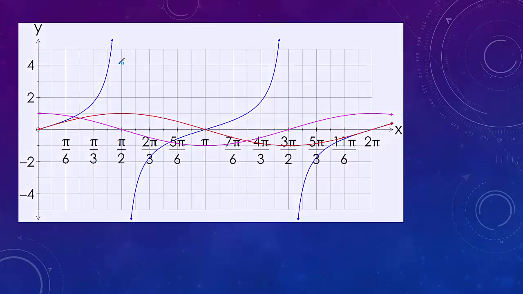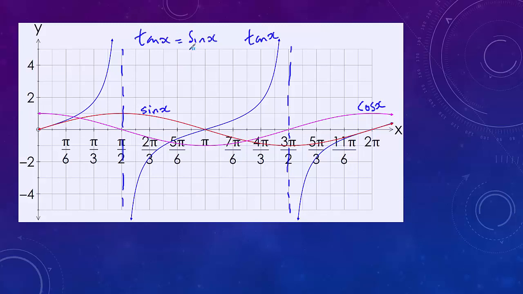Now finally here, let's just put these asymptotes back on. We have the blue curve, which is the curve for y equals tan x. If we look at the pink one here, we can see that that is the cosine, and the red one is the sine. Now we know that tan x is equal to sine x divided by cos x.